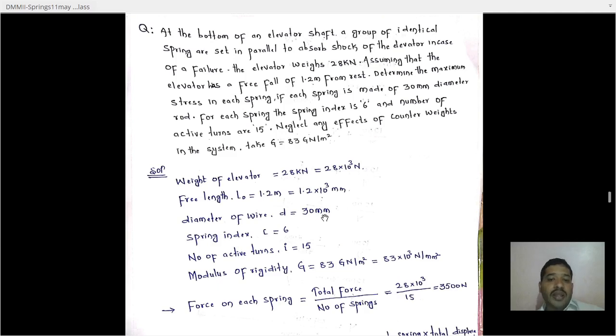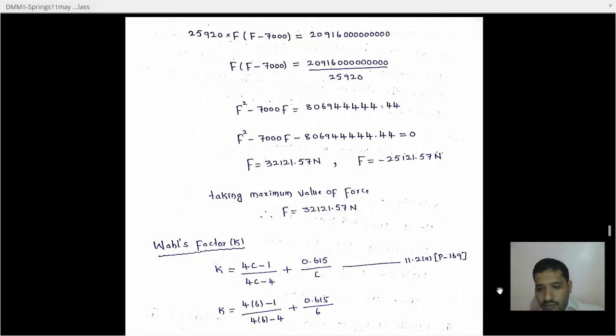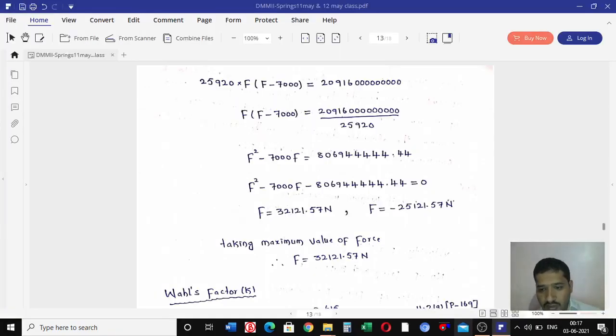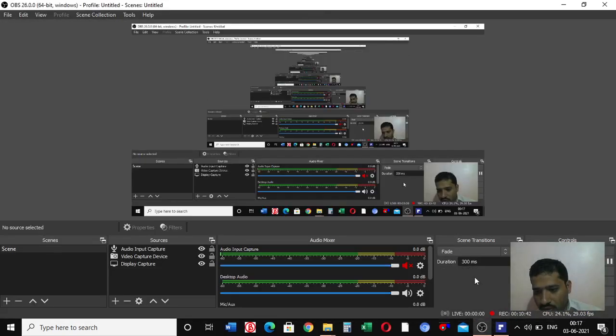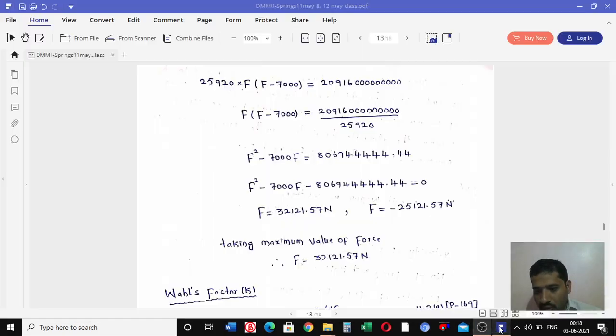For each spring, the spring index is given as C, and the number of active turns is given as i equal to 15.